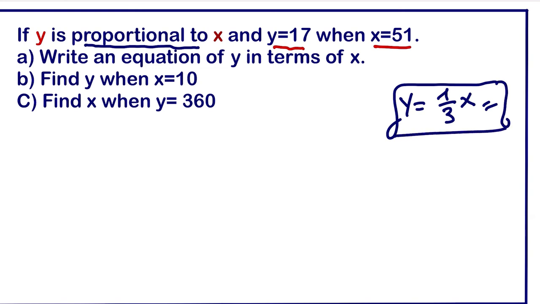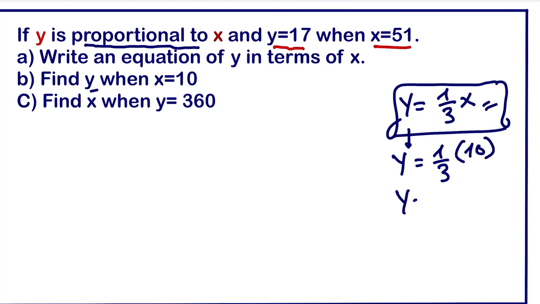So if we continue with B, find y when x is 10. So we are asked to find y when x is 10. In order to find y, we just plug in the values. y is 1/3 times x, and x is 10.